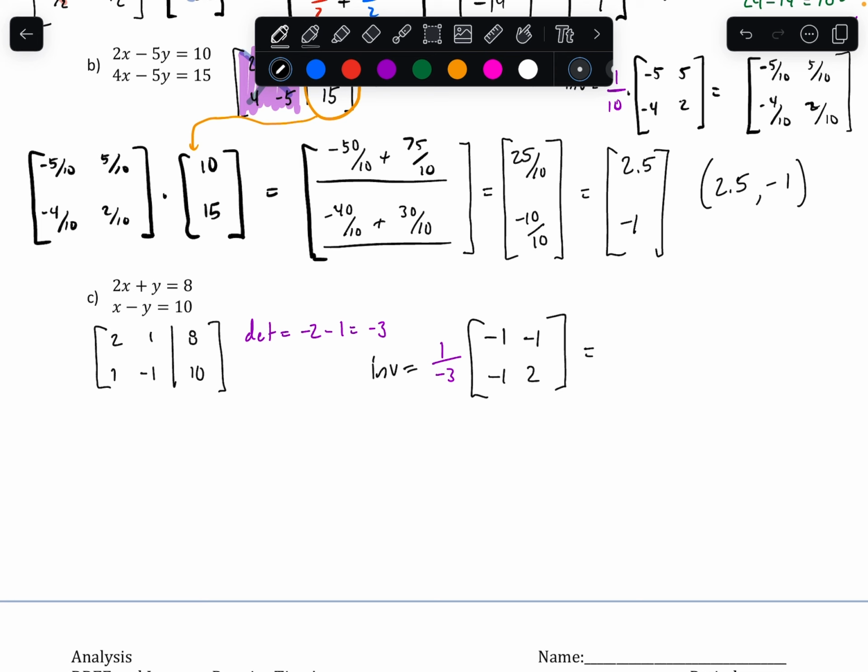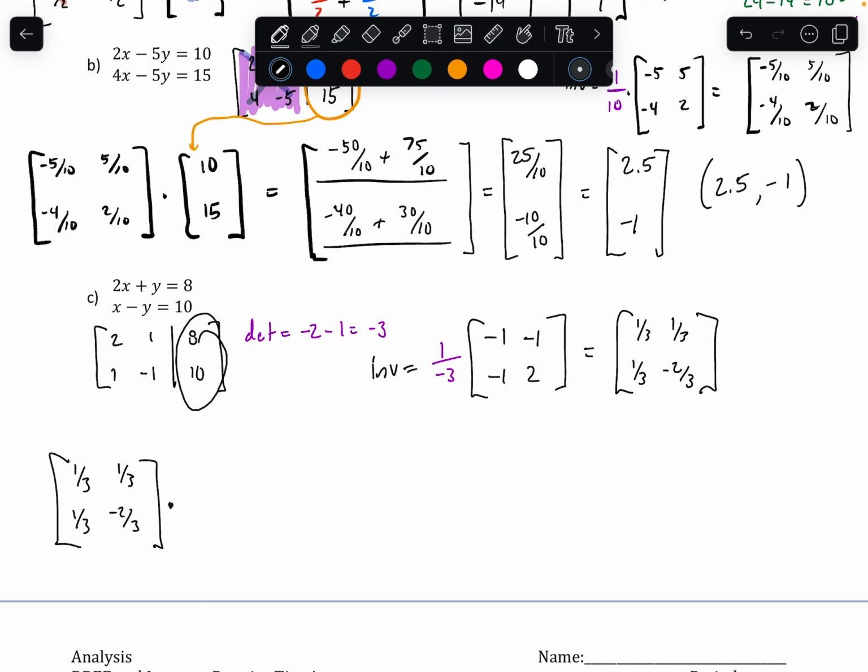So distributing, I get positive 1/3, positive 1/3, positive 1/3, and negative 2/3. And then take that inverse, put it down here, 1/3, 1/3, 1/3, and 2/3. That's my answer matrix. So make sure we do the right order.